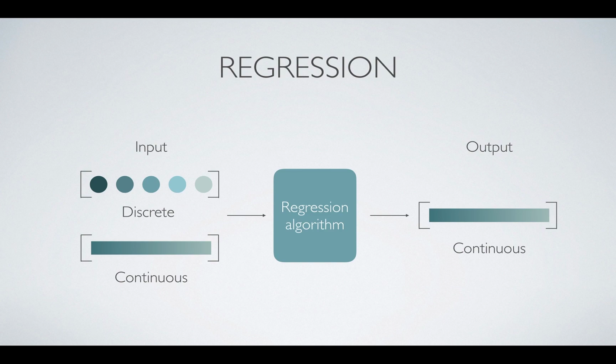And there are two major types of machine learning tasks. The first task is regression, and the second task is classification. In regression, you may have inputs as discrete and continuous, and regression would always give you continuous outputs.